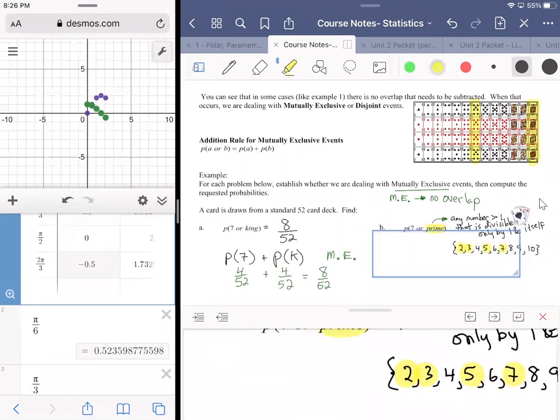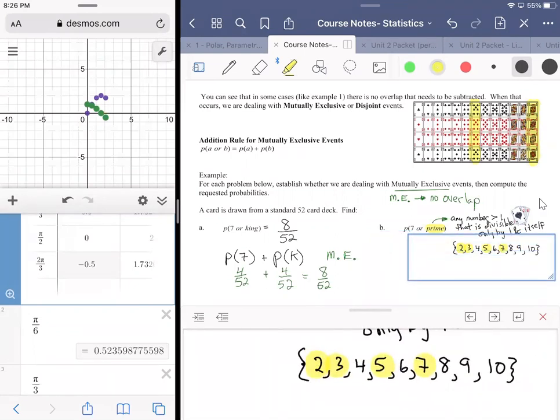Because in addition to the number 4 being divisible by 1 and 4, it's also divisible by 2. 6 is divisible by 1 and 6, sure, but also 2 and 3. 8 is divisible by 1 and 8, but also 2 and 4. 9, 1 and 9, but also 3. 10, 1 and 10, but also 2 and 5. So there's an 'also' for every number that I didn't highlight. So what we're focusing on here are just the numbers 2, 3, 5, and 7.